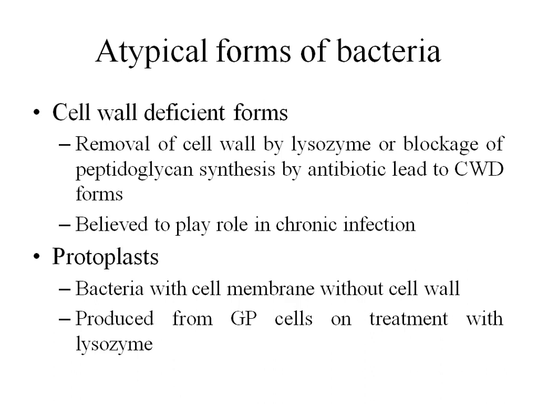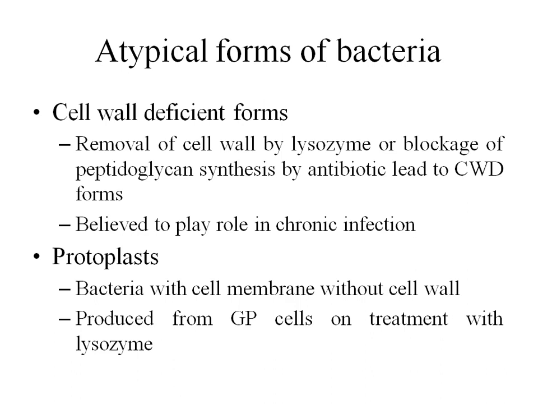In chronic infections where we treat the patient with cephalosporins, cell wall deficient forms will arise, and they cause the chronic infection. But once the inhibitors of the cell wall are taken out, the cell wall is resynthesized, and the bacteria regain their original shapes.